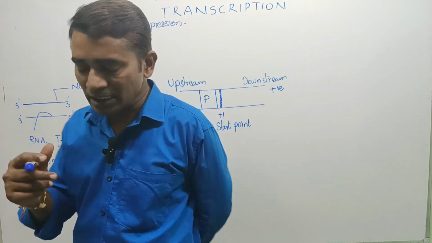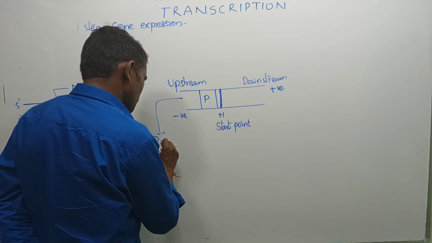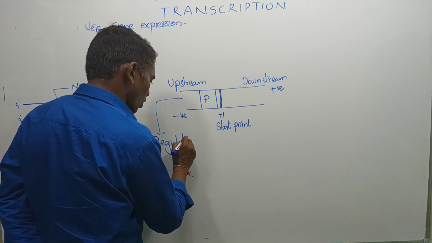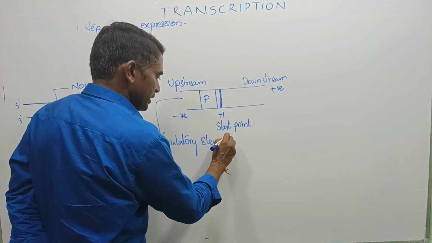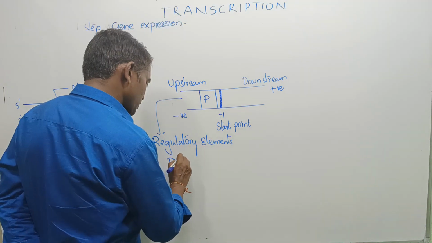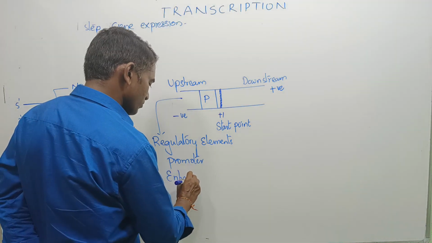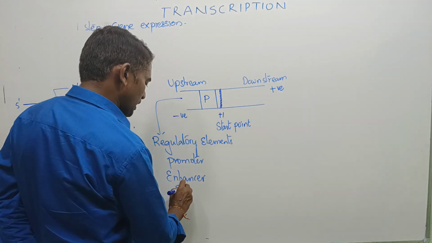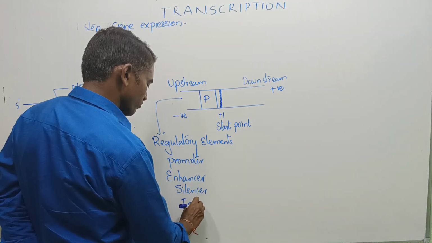The upstream region also contains certain regulatory elements. These regulatory elements are involved in regulation of gene transcription. They include the promoter, enhancers, silencers, and even insulators.